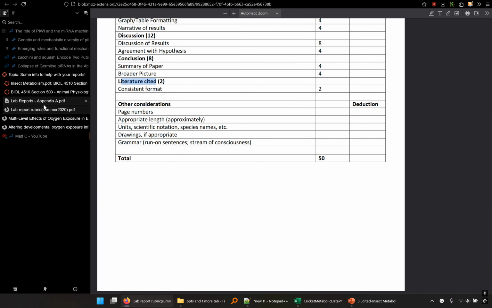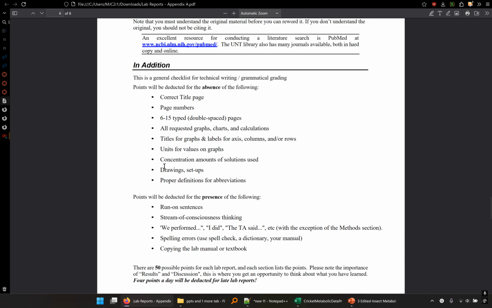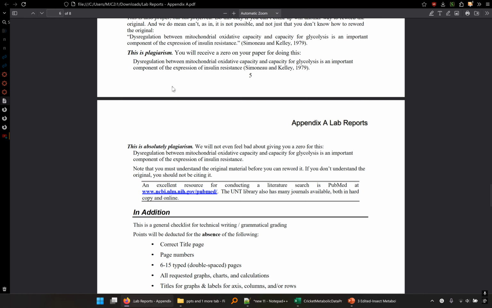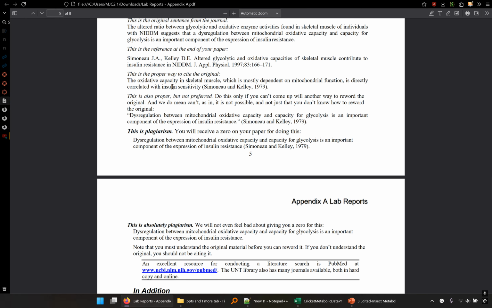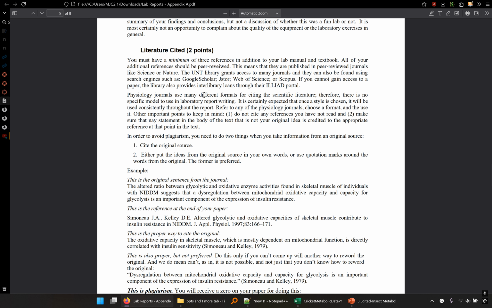So whenever you're going through here, you want to include, oh yeah, and then you also want to follow these additional points, but whenever you're citing these, you need to include literature cited for everything. You can also, it's talking about Google Scholar.